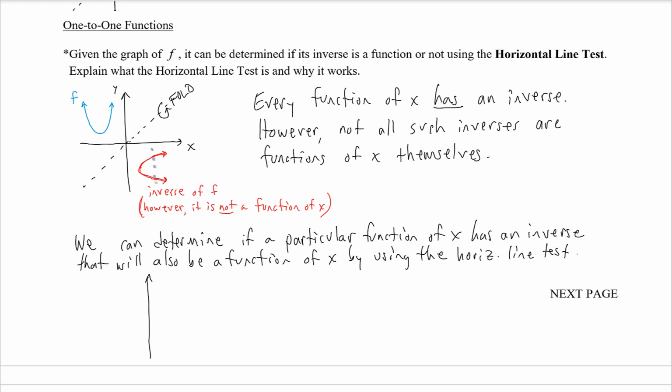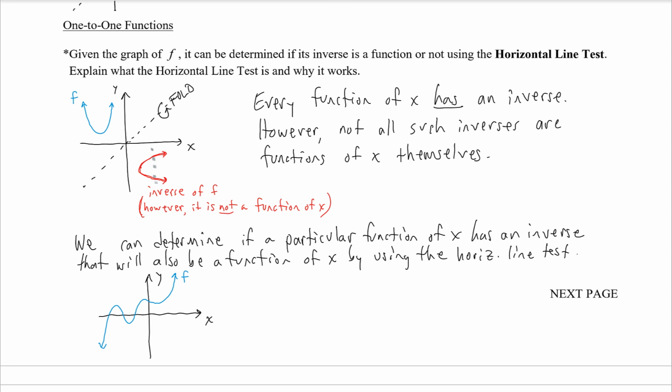So let's say I have a function f that looks like this. Let's say that's f. Well, if I draw vertical lines anywhere, I'm going to hit the graph one and only one time. That's how I know it's a function of x. That's a done deal. But will its inverse be a function? Well, the way I can check is I draw a horizontal line, and if I hit that graph more than one time, its inverse is not going to be a function.